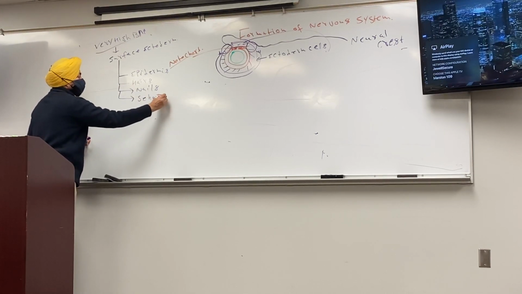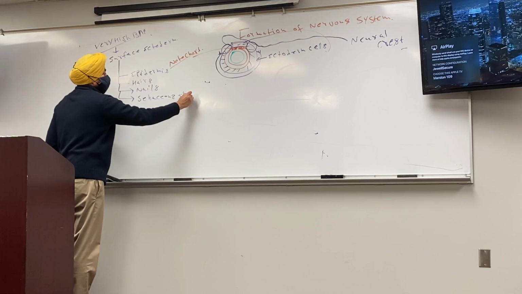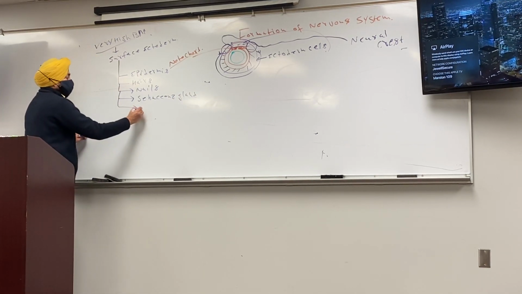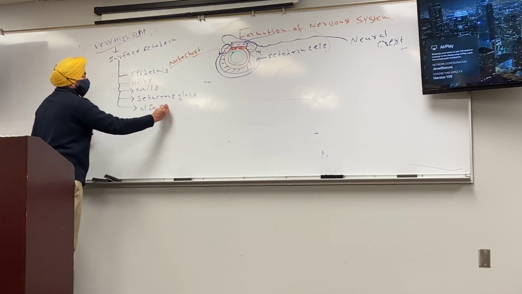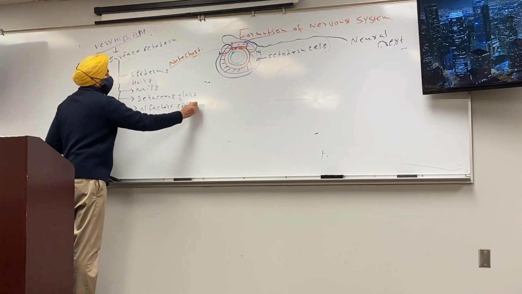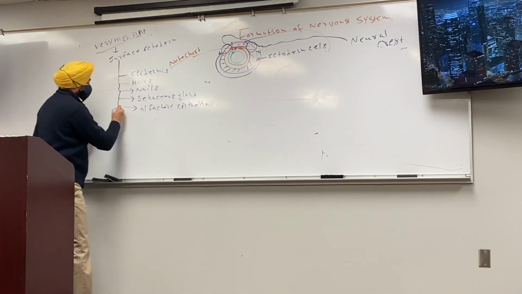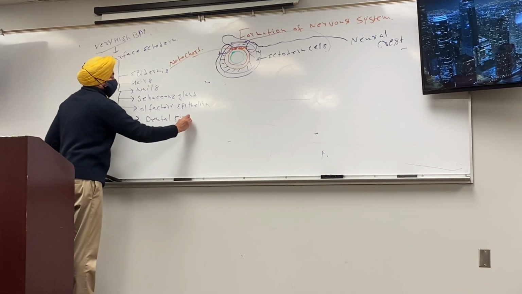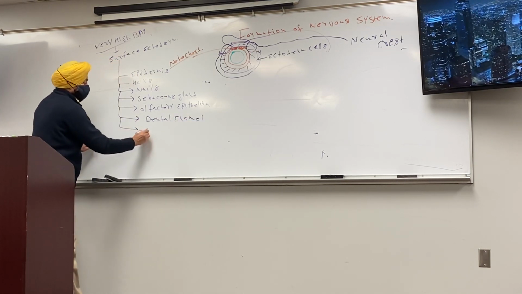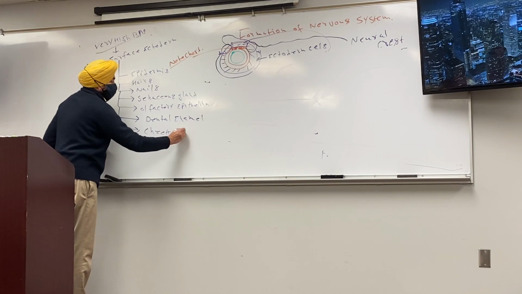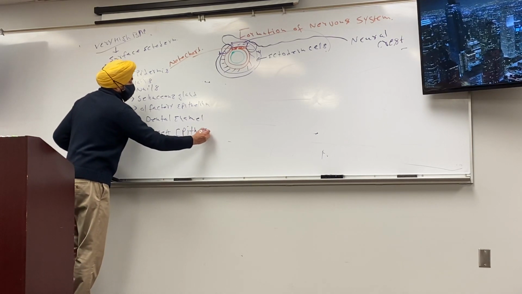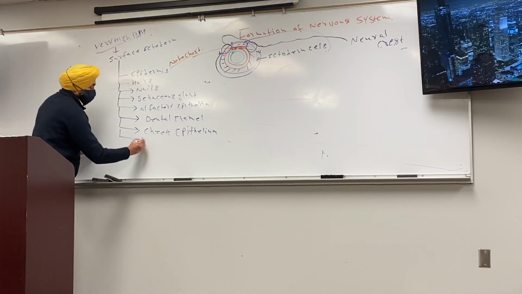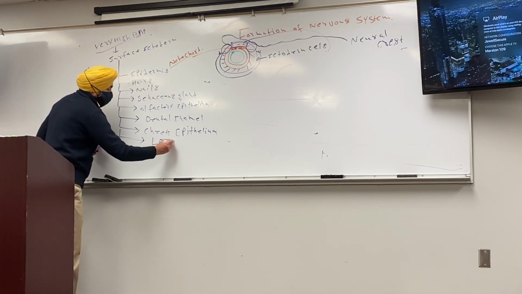You get your sebaceous glands, sweat glands from there, then you get your olfactory epithelium. From there, you get dental enamel. From there, you get your cheek epithelium. So all these things, and then your eye lens is also from there.